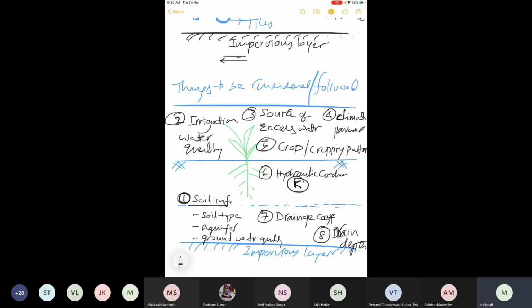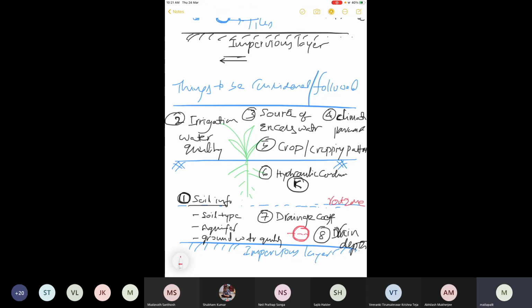Okay, so here the drain depth means, suppose you're installing, if this is the root zone, obviously the drainage system should be installed just below the root zone, so that the water from the root zone will be emptied efficiently. Okay, so suppose this is the pipe drainage which is installed just below the root zone.